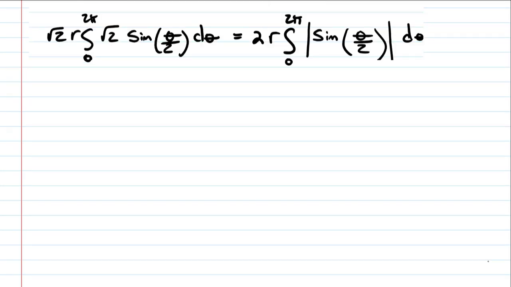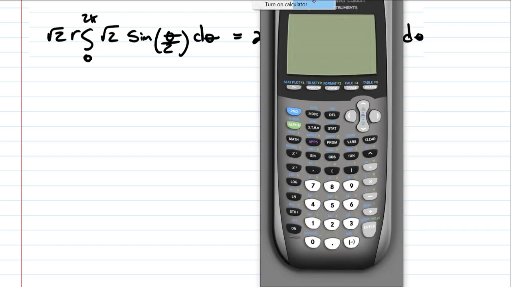All right, so to finish this integral, we just need to make sure that we can simplify this absolute value of sine theta over 2. So if we were to graph this thing, we have the sine theta over 2, and let's go ahead and change our window.